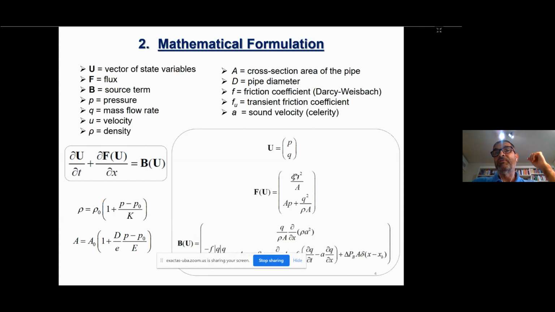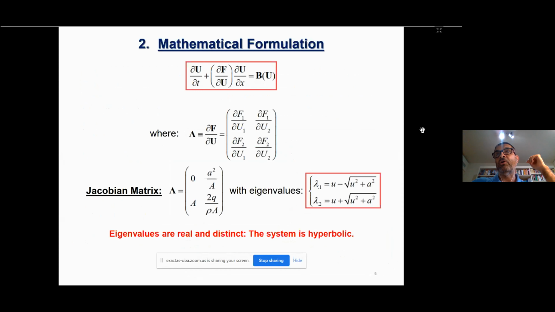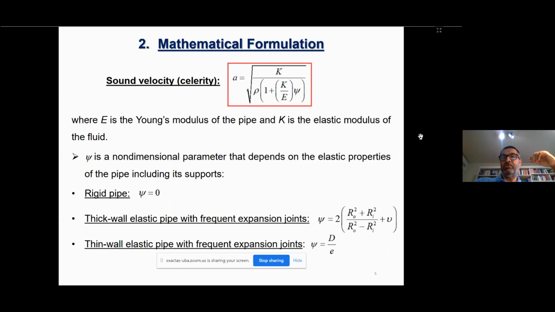The model also involves a, which is the sound velocity. It's also called the celerity, which includes a parameter psi that is related to the elastic properties of the pipe and also of how this pipe is supported when it's constructed.